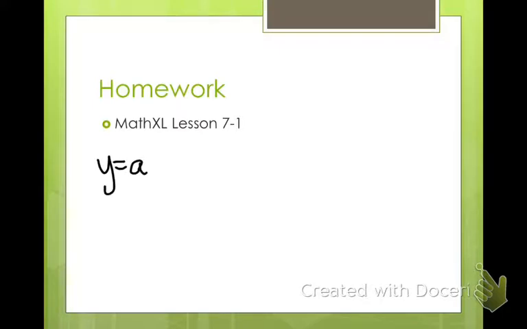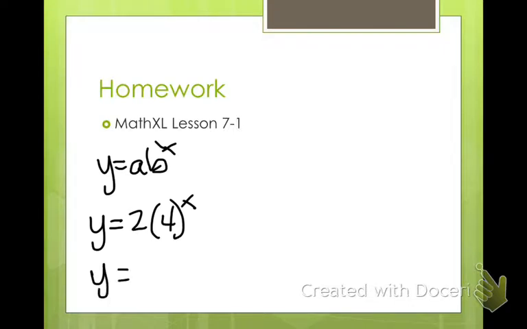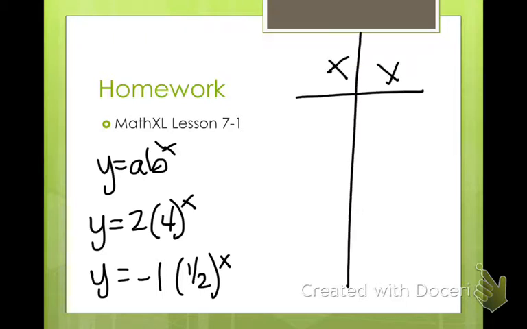So using your y equals a b to the x power, I want you to graph y equals 2 times 4 to the x power and y equals -1 times 1/2 to the x power. And I want you to go over these with your partner tomorrow. So you're going to have to make XY table charts. That should be a Y, not another looking X thing.